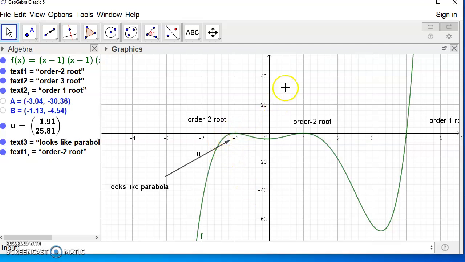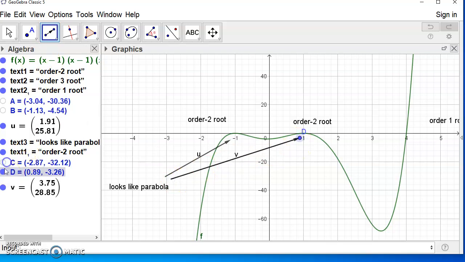The whole function obviously looks nothing like a parabola, but this particular region does, because it's an order 2 root. This region as well looks like a parabola for the same reason. This one over here has the same sort of shape.